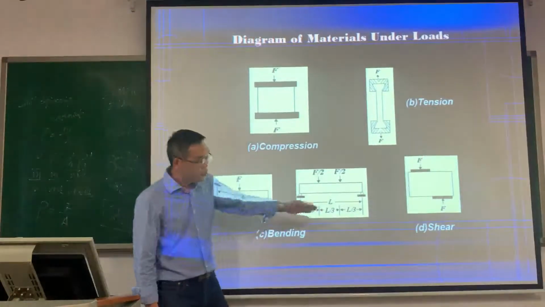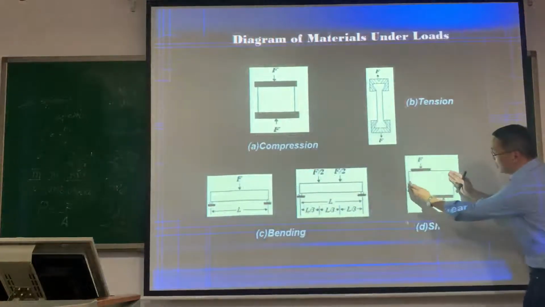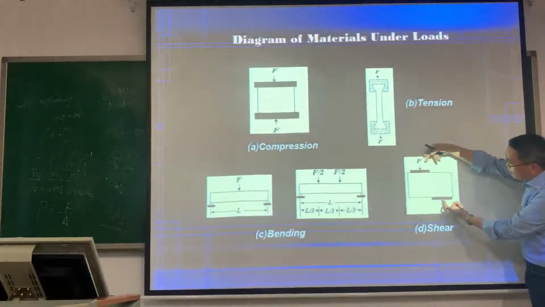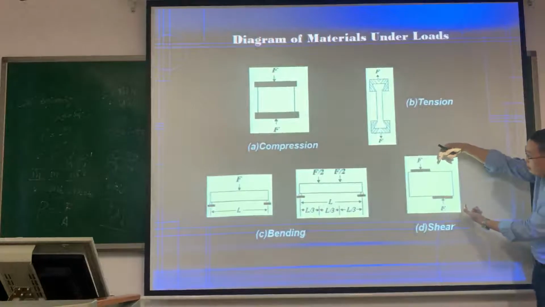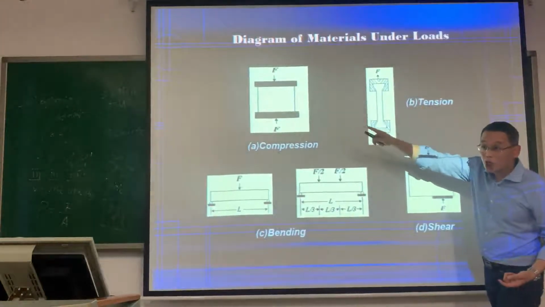Okay, this is the shell. This is the specimen and the force, but they are not in the same line. If they are in the same line, it will become compressive.